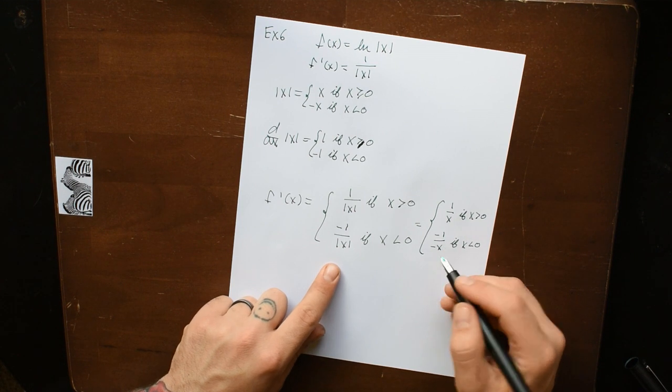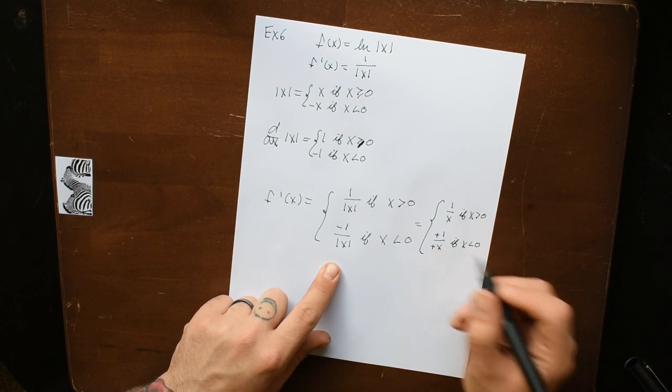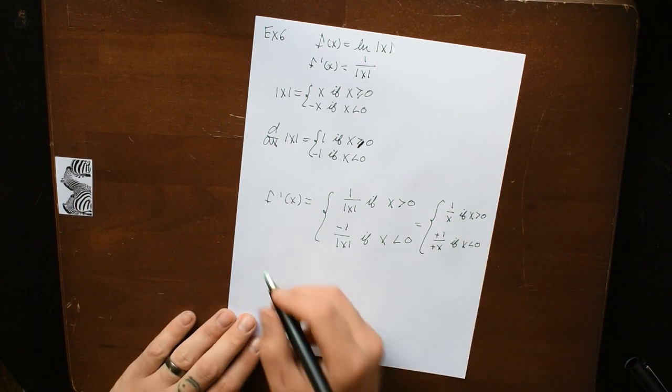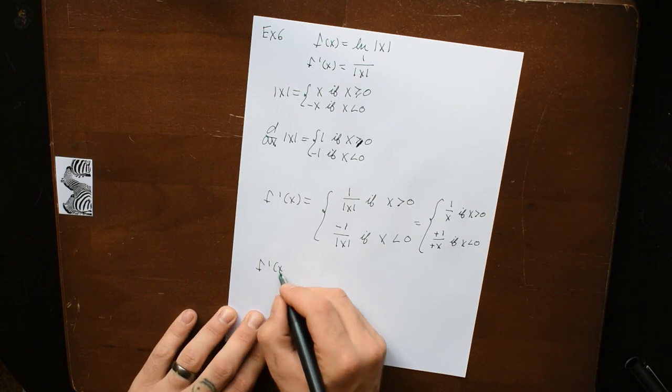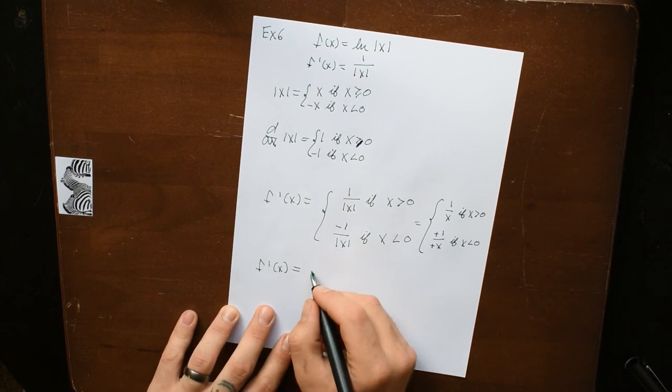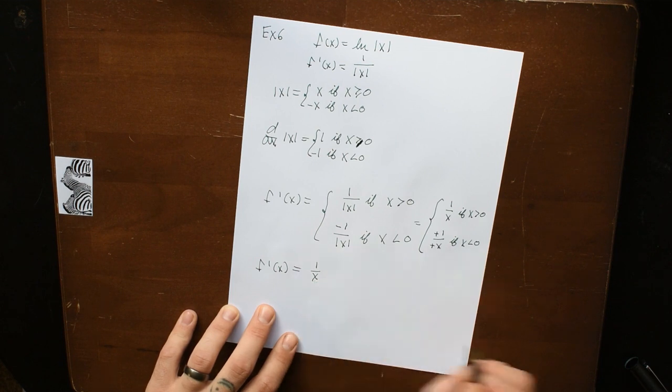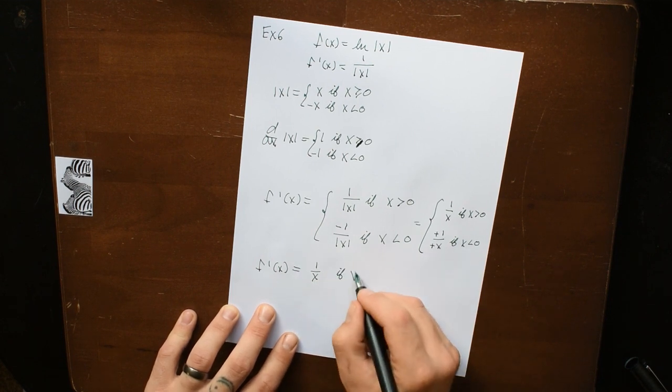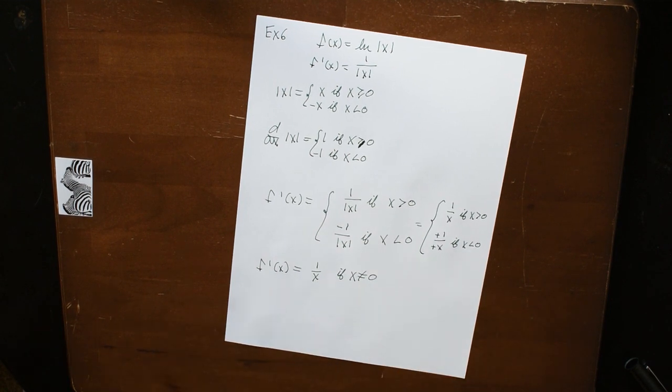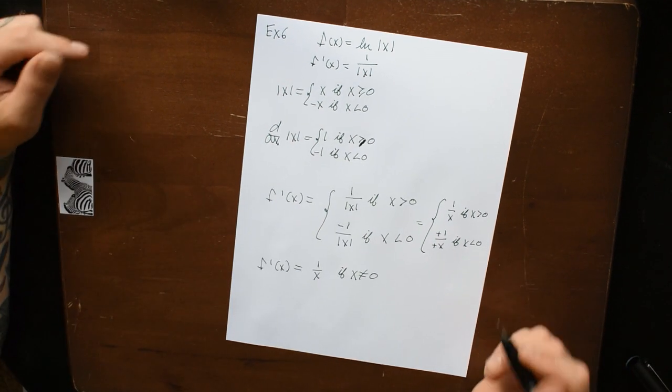Negative 1 over negative x, those minus signs cancel out, and f prime of x is equal to 1 over x if x is different than 0. It's not defined if x is equal to 0.